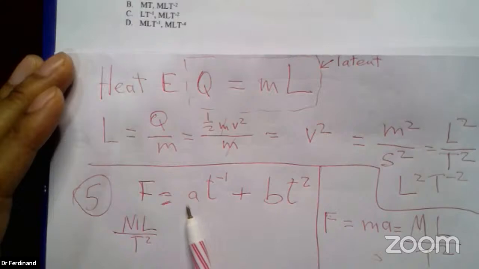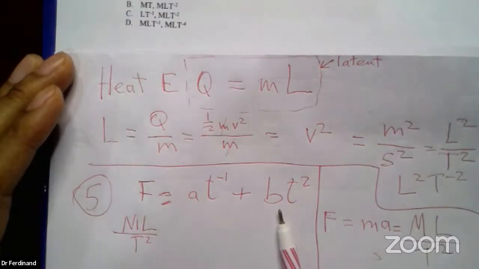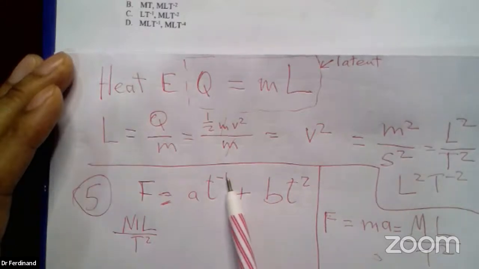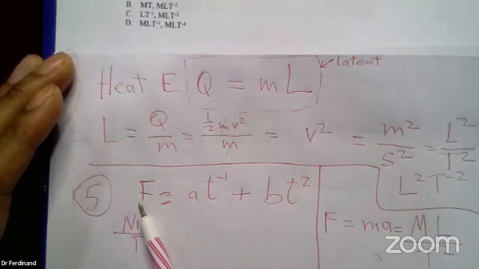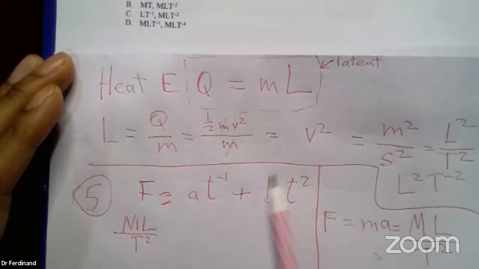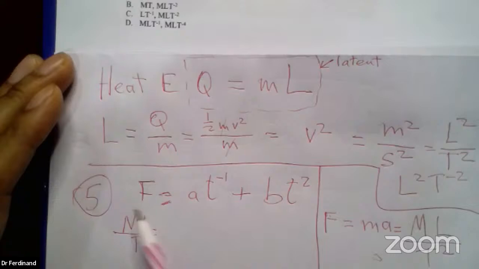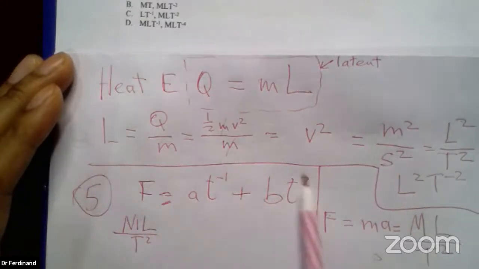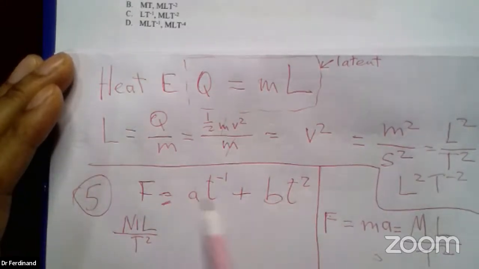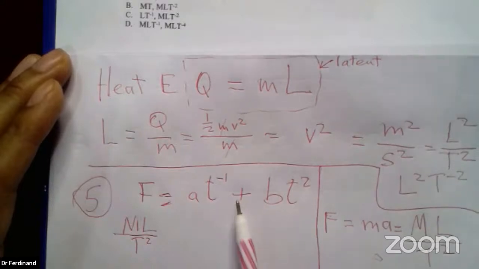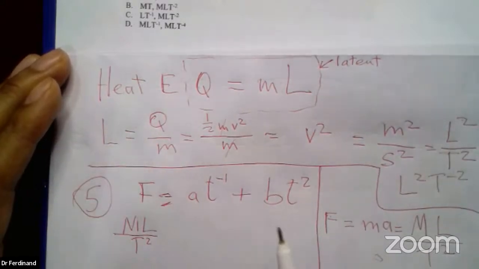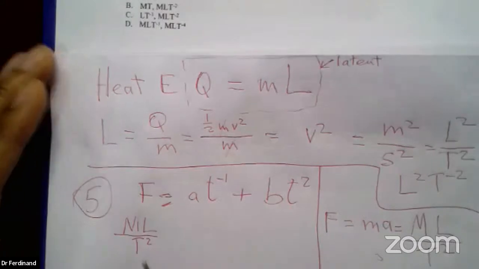I don't know what the units of A and the units of B are, but I know that this must be in the same units of force, and this must be in the same units of force. The only reason we can add this to this is because they're in the same units as this. That's the key. So whether this is adding or subtracting, it's only possible because they're the same units.